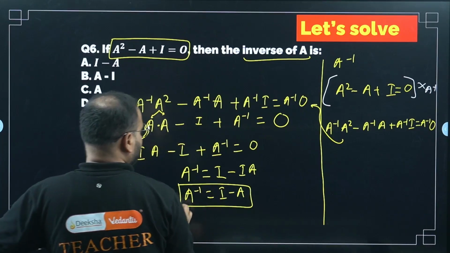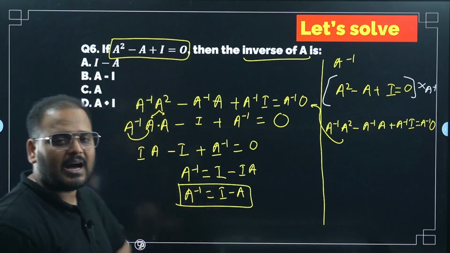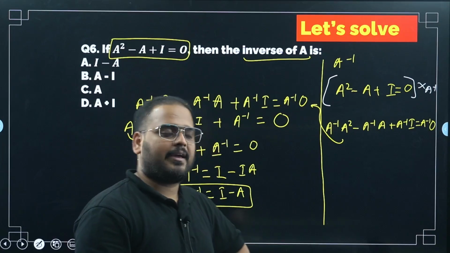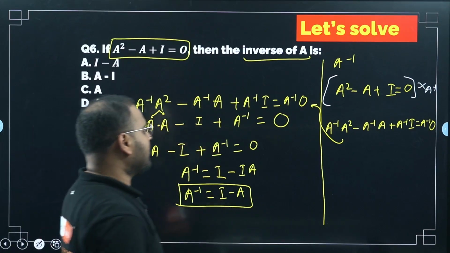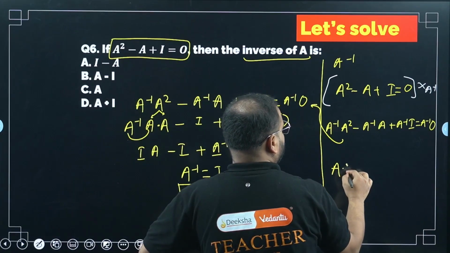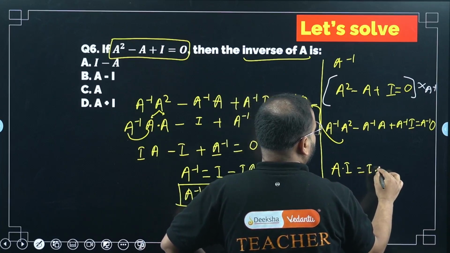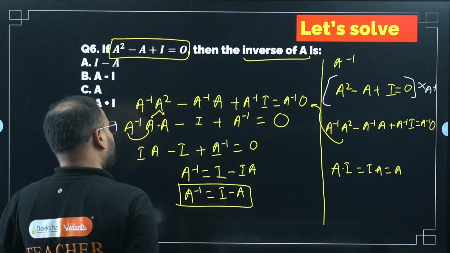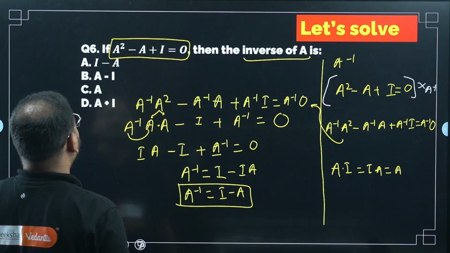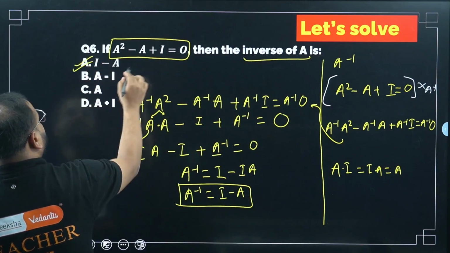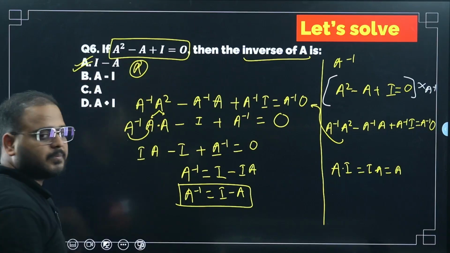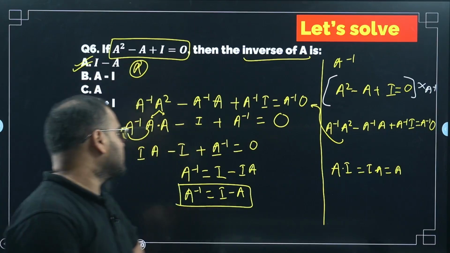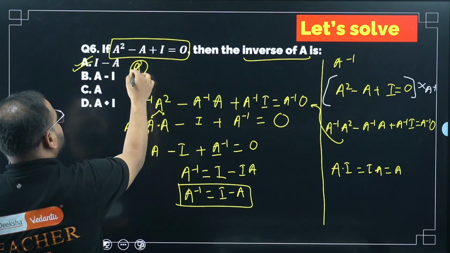We did this in the property: IA or AI equal to A. We have learned this property. So we got A inverse as I minus A. Option A is our correct answer.